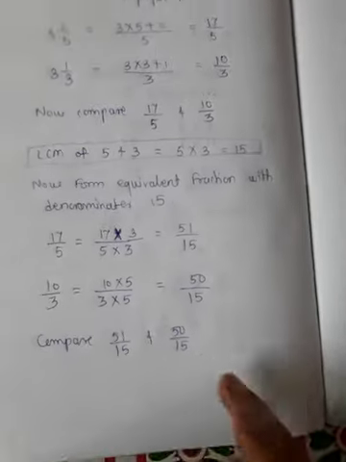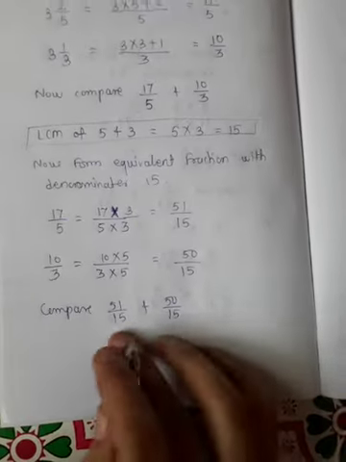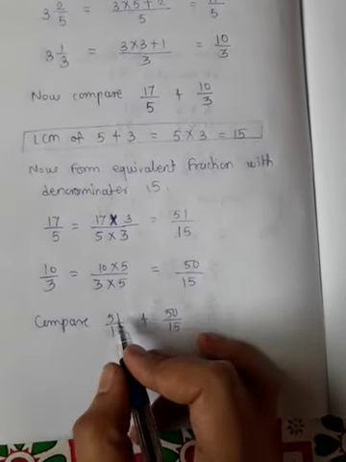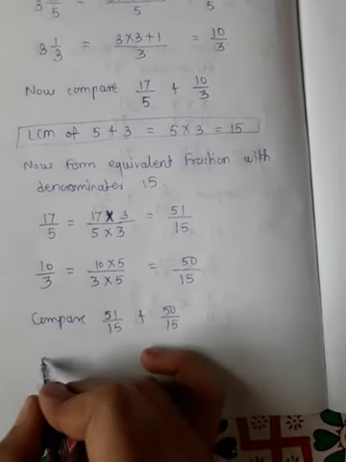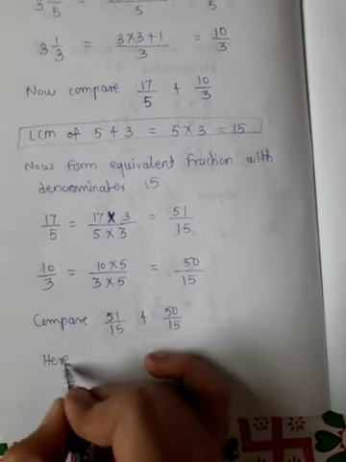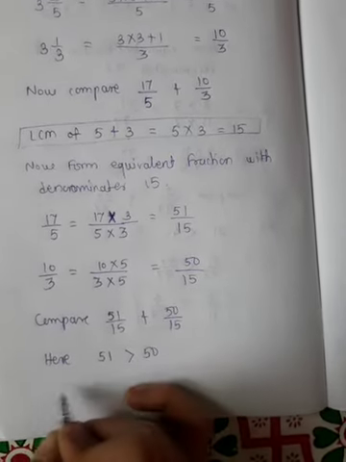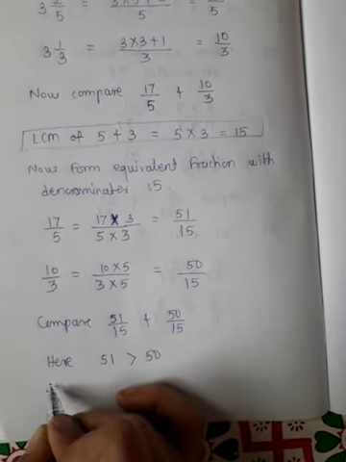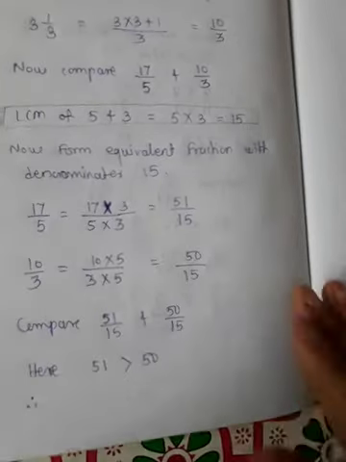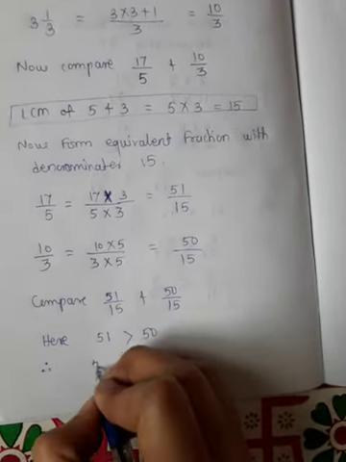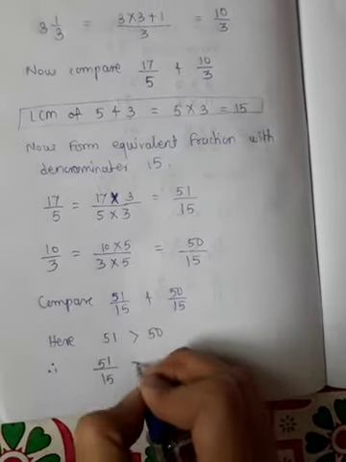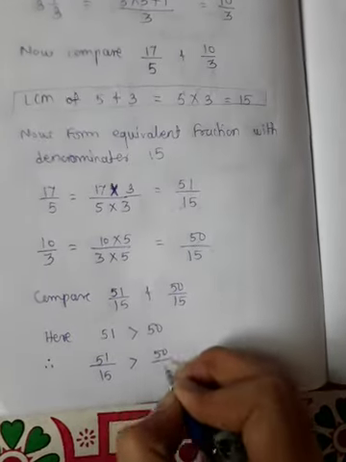The denominators are the same. We know if the denominators are the same, then the fraction with the greater numerator is greater. So here 51 is greater than 50. Therefore the fraction 51 upon 15 is greater than 50 upon 15.